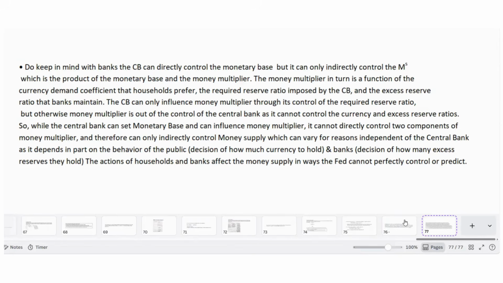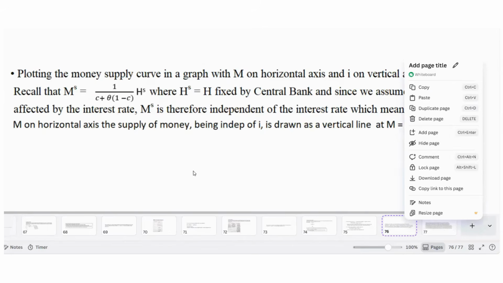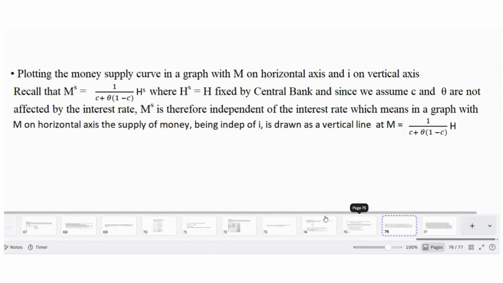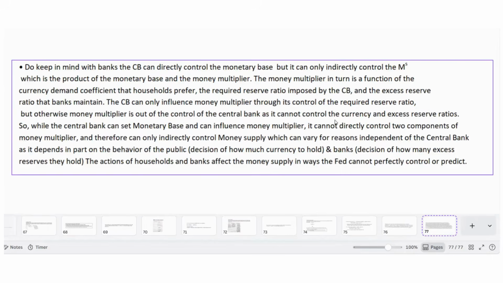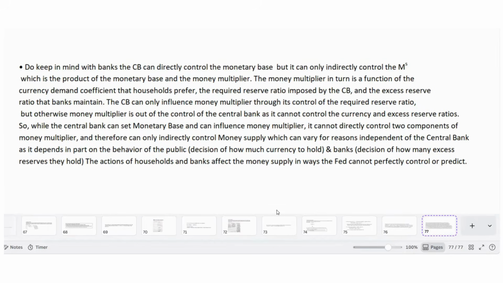But otherwise, the money multiplier is out of the control of the central bank, as the central bank cannot control what C households prefer and the excess reserves the banks decide to hold, which is also a part of θ. So while the central bank can set the monetary base H^S and can influence the money multiplier, it cannot directly control two components of the money multiplier, C and the excess reserves part of θ.